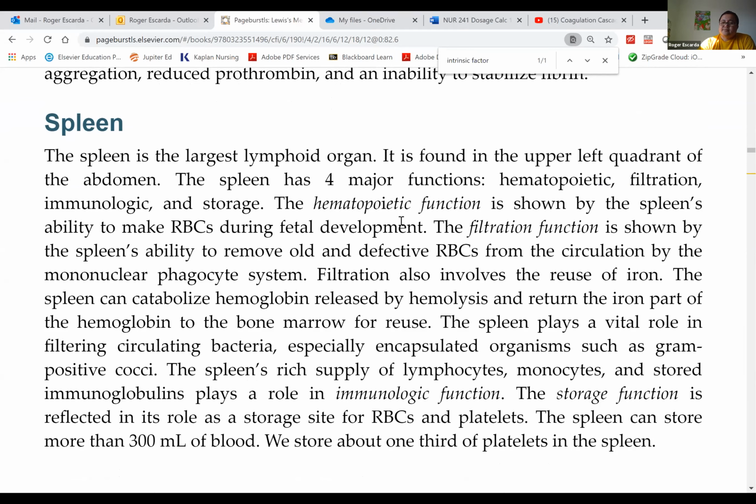These are other factors which we mentioned already earlier. So what if you have a patient who had gastric surgery for purposes of weight loss? Will they have anemia as a result? Yes, right?